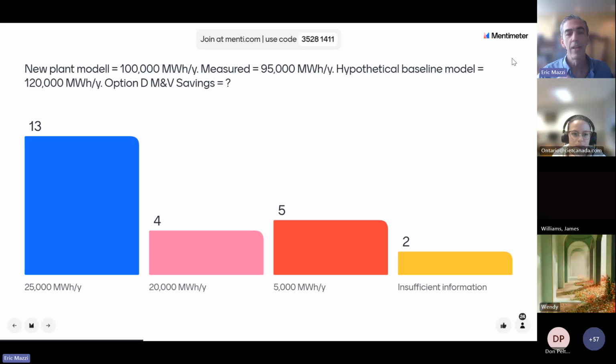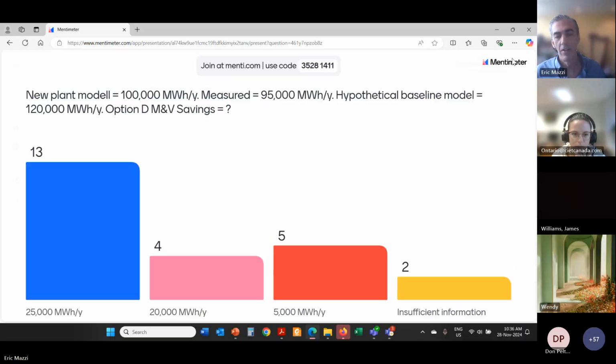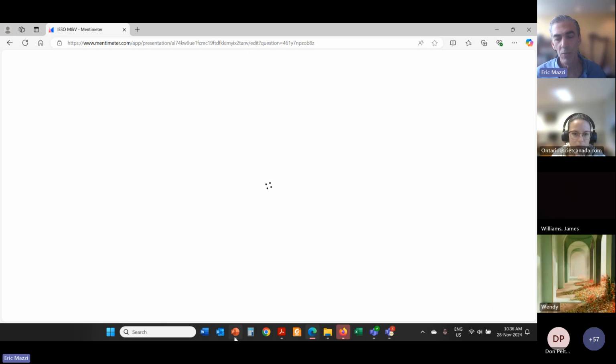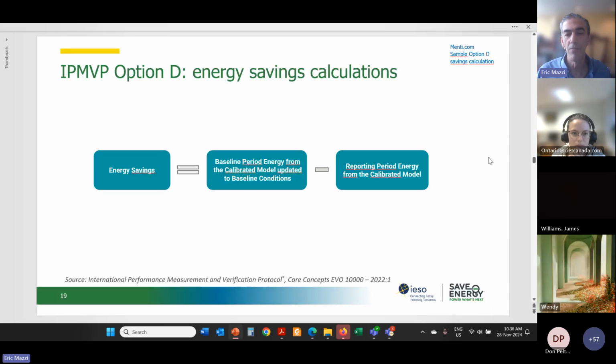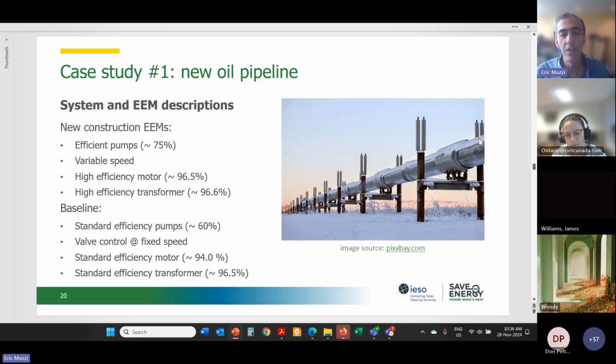Emphasize the words calibrated model, which is 100,000. So the difference is 20,000, and that would be your IPMVP savings. That is exactly what this equation says, which is straight out of the core concepts. All right, let's just roll into our case studies.